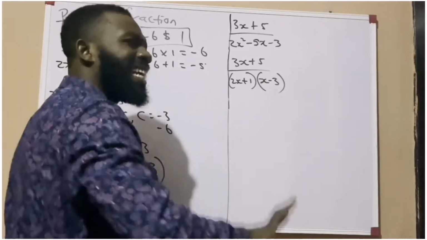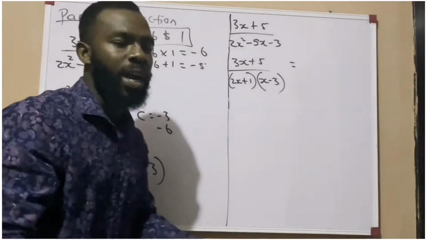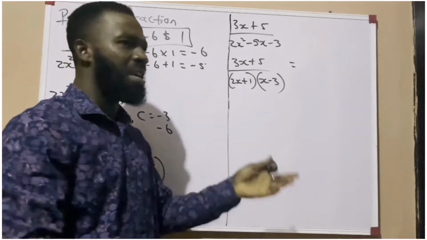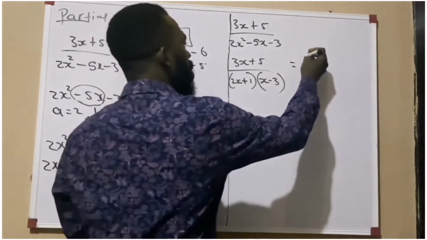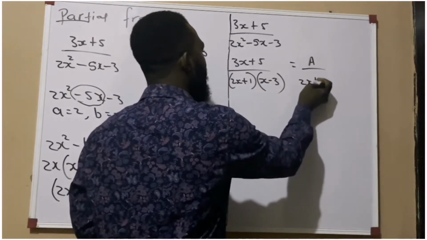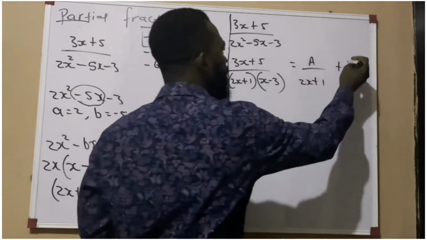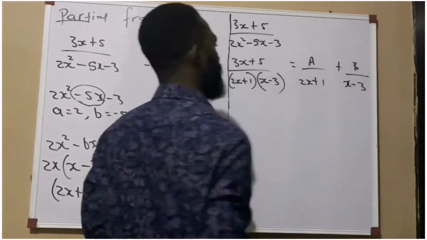Now, representing it in partial fractions, you can choose any variable. You can choose to use x and y, you can choose a and b, p and q, but I want to use a and b in this case. So here it becomes a over, what is the first factor now? 2x plus 1, plus b over, what is my next factor now? X minus 3.